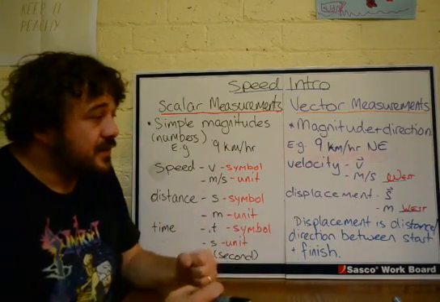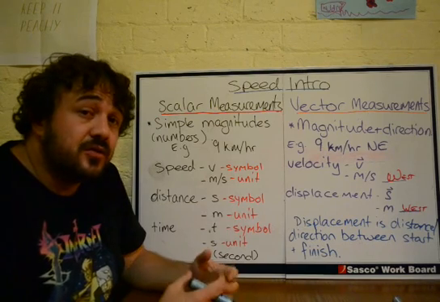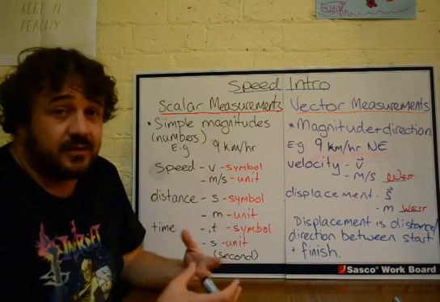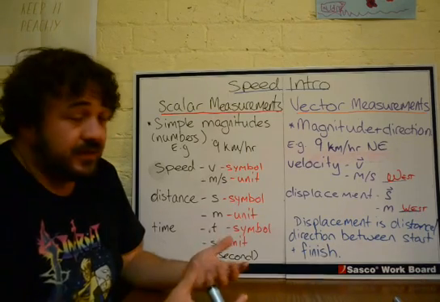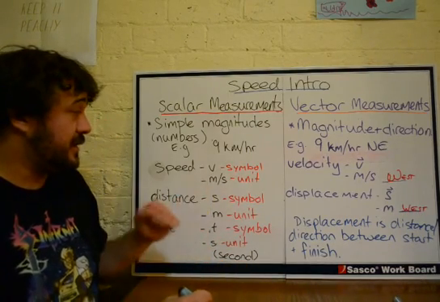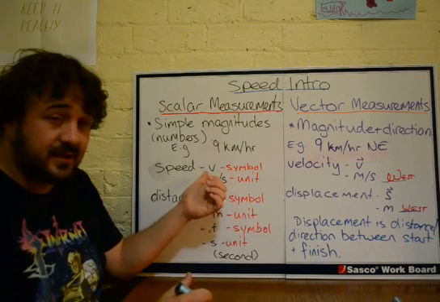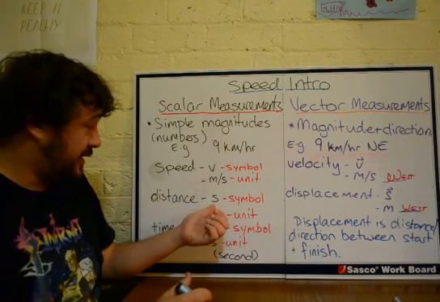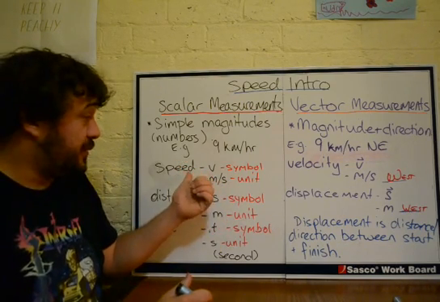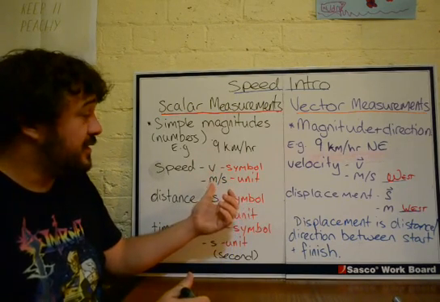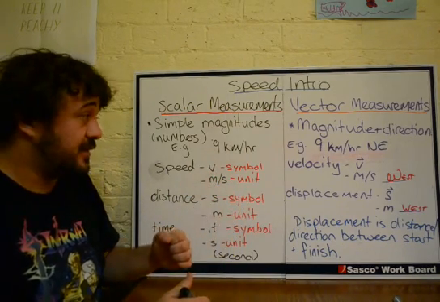Alright, so let's very quickly go through the symbols and the units that we're going to use throughout this unit. Speed, the symbol is v, not s. That's used down here to be confusing. So speed, the symbol is v. When we write out the equation, the unit is meters per second.